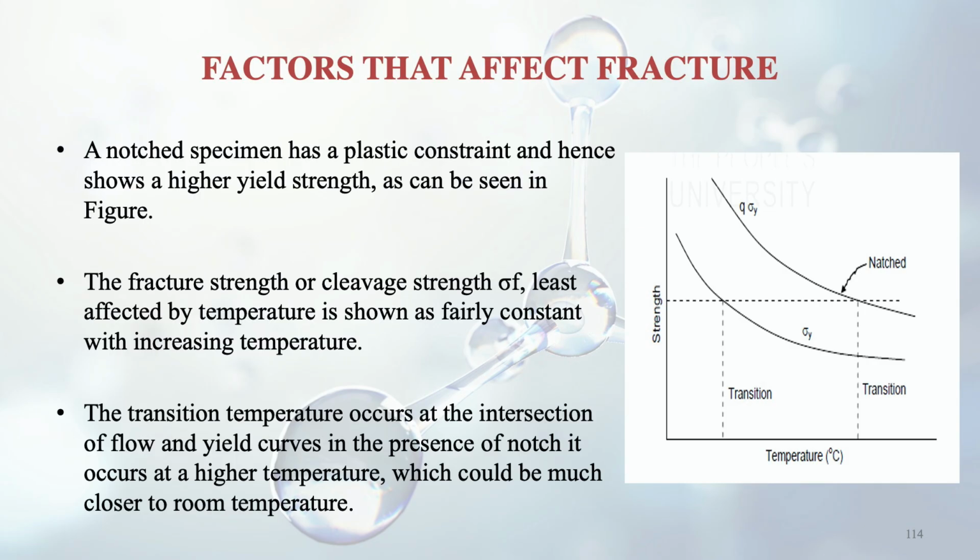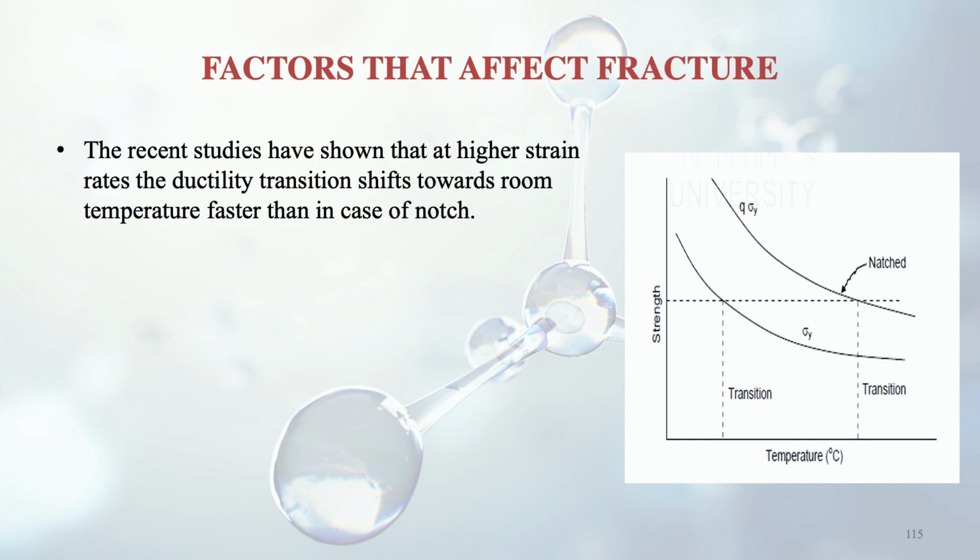The higher one actually cuts at a temperature which can be very close to room temperature. If this transition happens at room temperature, it really becomes a big problem. Recent studies have shown that at higher strain rates, the ductile to brittle transition shifts towards room temperature faster than in the case of the notch.